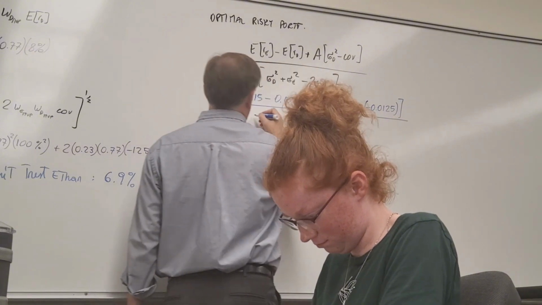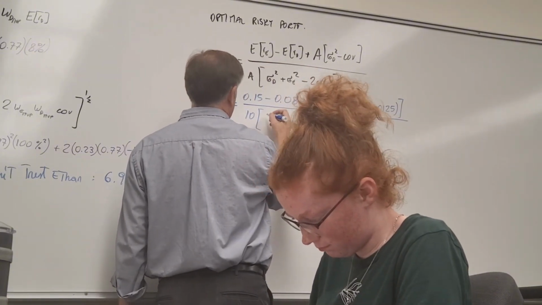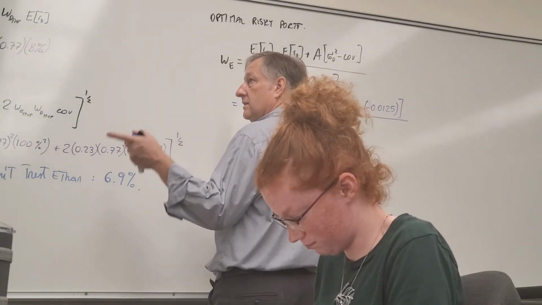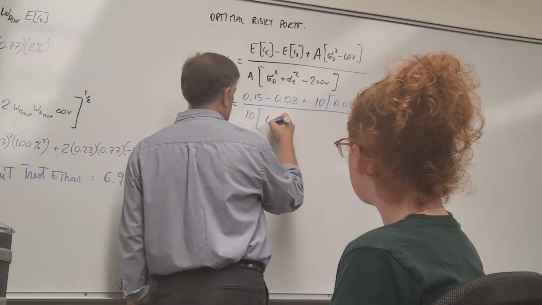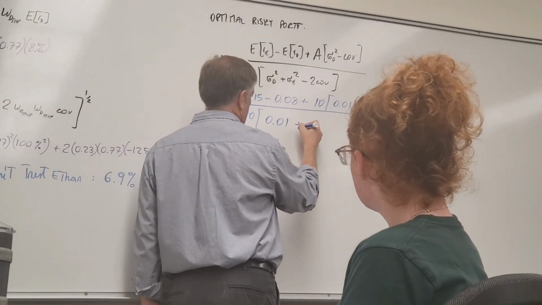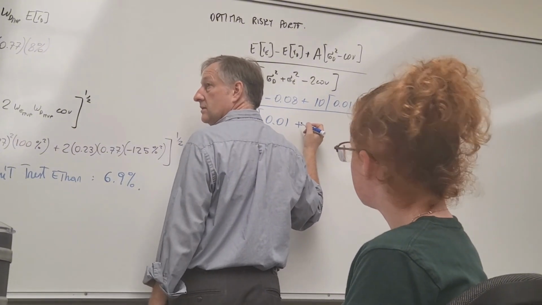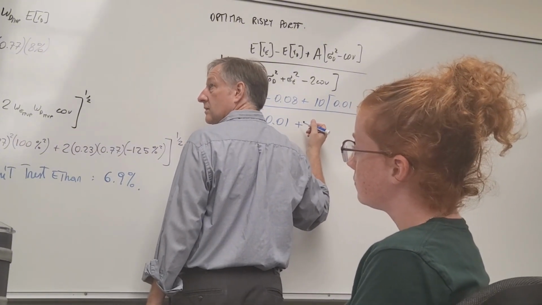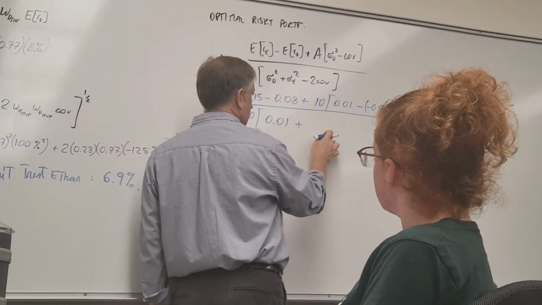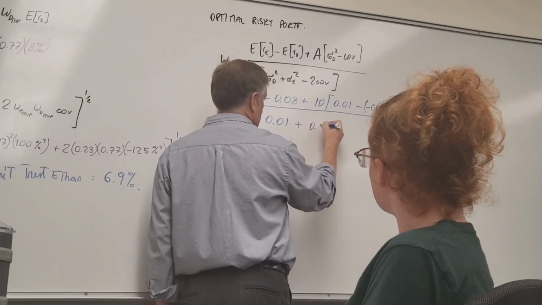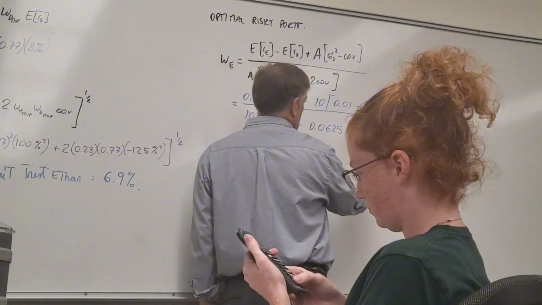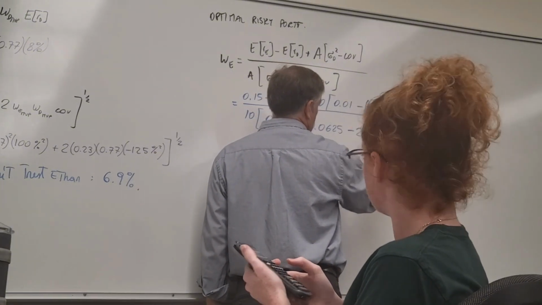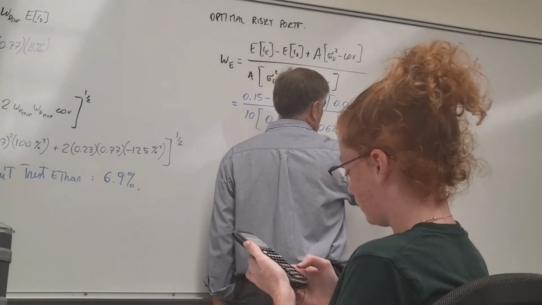Then this one is again 10. Sigma D is 100 divided by 100 divided by 100 is 0.01 plus 625 divided by 100 is 6.25, so it's 0.0625 minus twice minus 0.015.